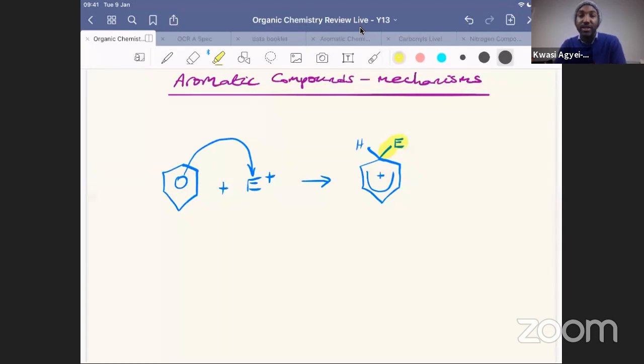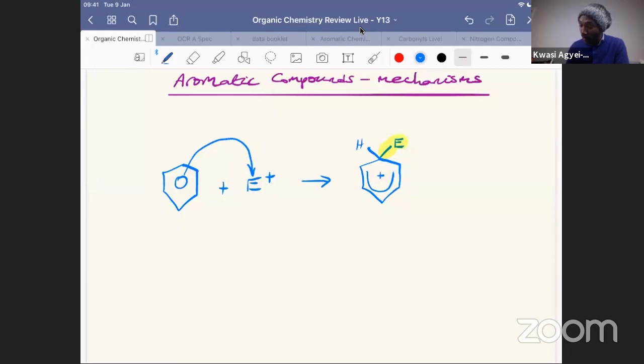And because it is unstable, there is a driving force towards restoring aromaticity and giving you back an aromatic compound. And the way that happens is that the electrons in the carbon-hydrogen bond I've shown in blue are used to restore the full complement of 6 pi electrons.